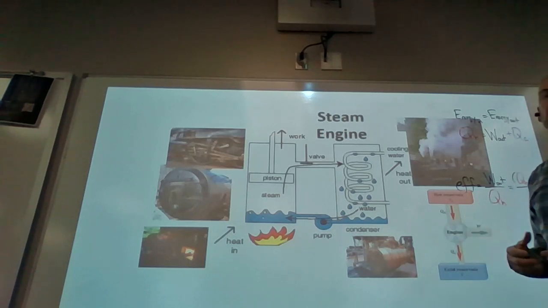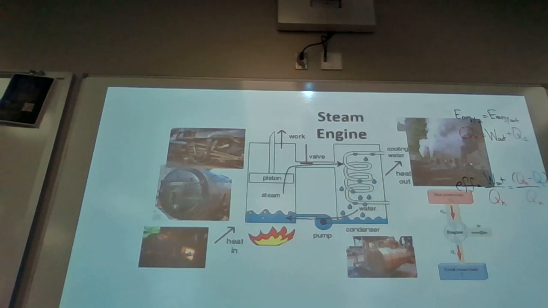Now, we don't see a whole lot of steam engines, but we use them all the time to produce electricity. That's what the coal burning power plants and nuclear power plants are, which are the vast majority of where we get our electricity from.